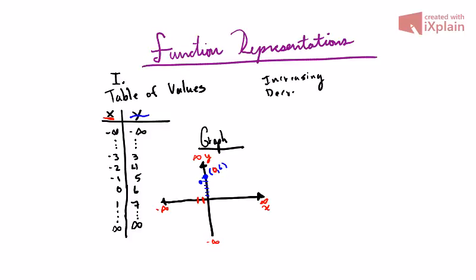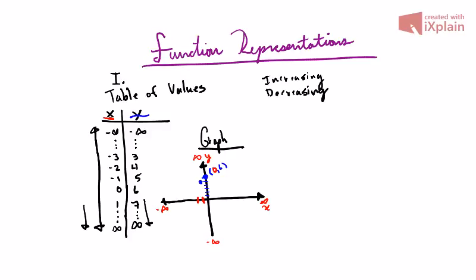So we want to look at what happens to these sets of values as I look at the interval or length along the domain, and what happens in my output. Am I increasing as I go to positive infinity? As I go to positive infinity, I'm also going towards positive infinity, so it's increasing.